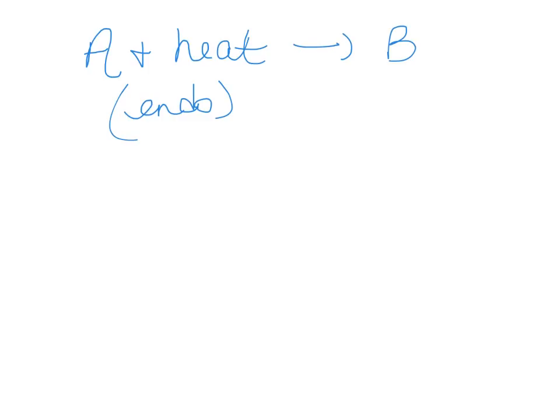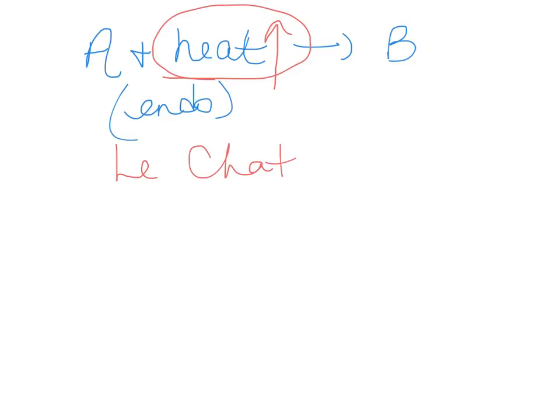And so if I add heat, if I increase the heat, let's say this reaction is at equilibrium, and then I come in and I increase the heat, just treat it like you would treat if you increase the concentration of any reactant. Le Chatelier says that it is going to try to undo whatever has been done to disturb the equilibrium. So Le Chatelier says that it's going to try to decrease the extra heat I just added.